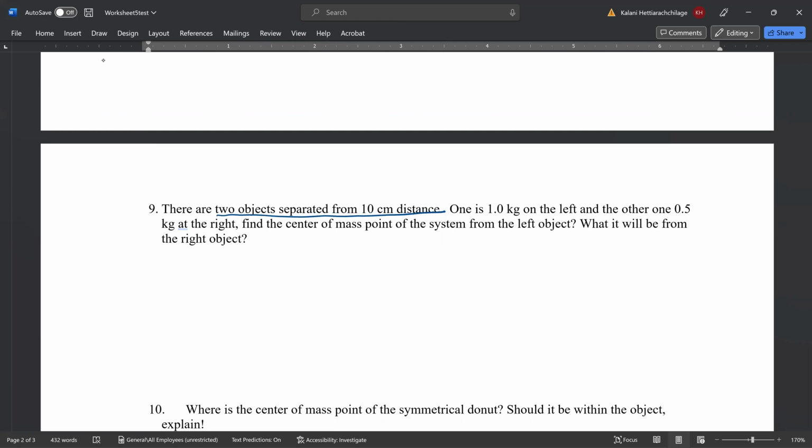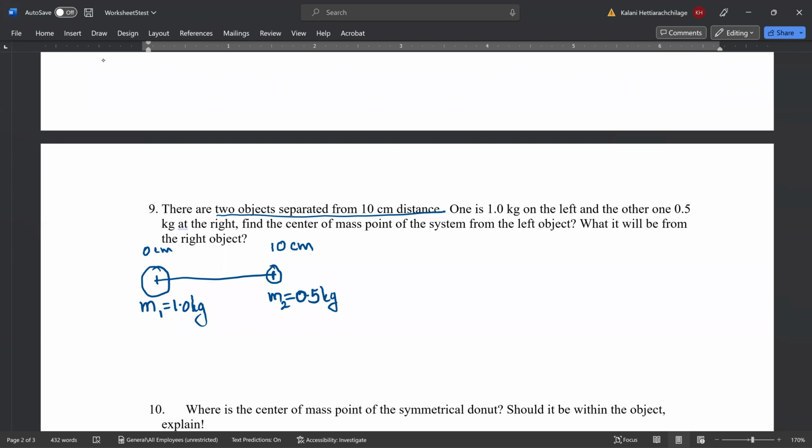You have a 1 kilogram object, and then you have a 0.5 kilogram object, and they are sitting 10 centimeters apart. That means if this one is sitting at 0 centimeter distance, this one is sitting at 10 centimeter distance. Okay, so now I'm going to write M1 equals 1 kilogram, and M2 equals 0.5 kilogram.